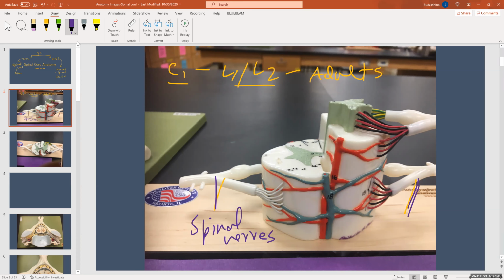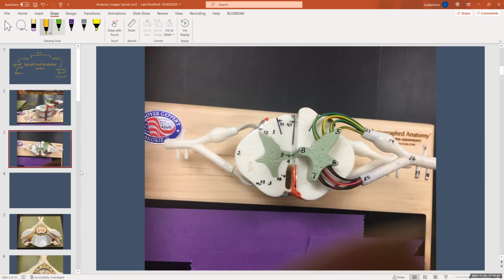As you can see, the spinal nerve has two different roots. These roots are dorsal and ventral. We'll talk about those. This is the dorsal root of the spinal cord. And this, as well as this or this, will be considered the ventral root of the spinal cord. Superiorly, you see the same thing again.